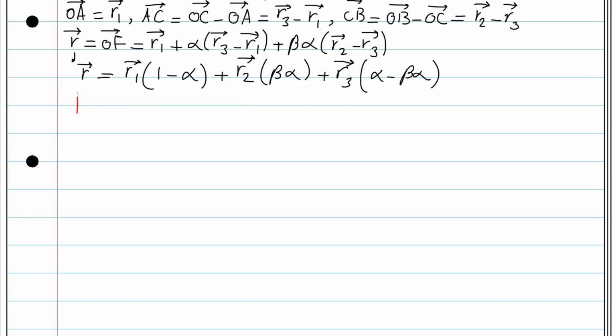Let's define P1 equals 1 minus alpha, P2 equals beta alpha, and P3 equals alpha minus beta alpha.